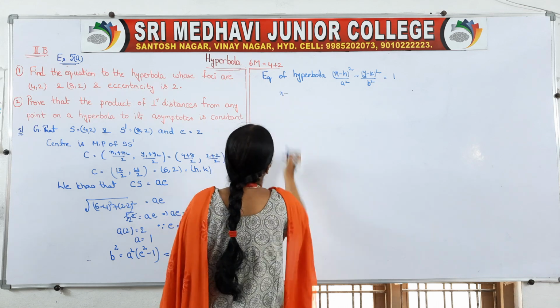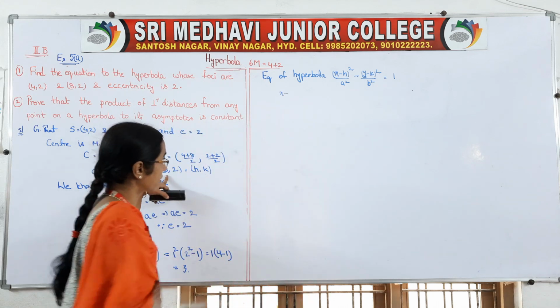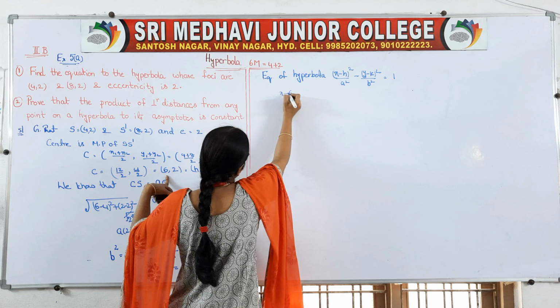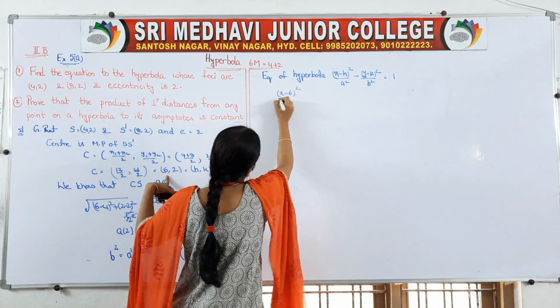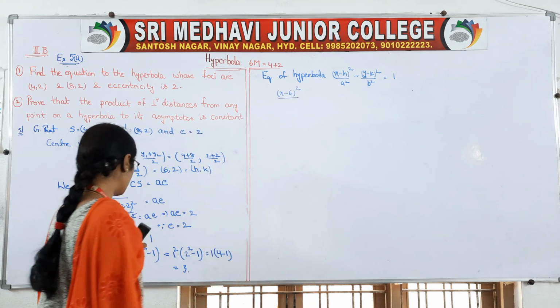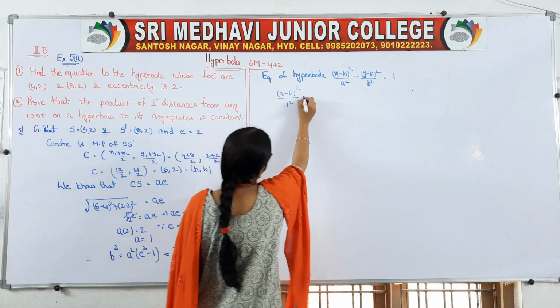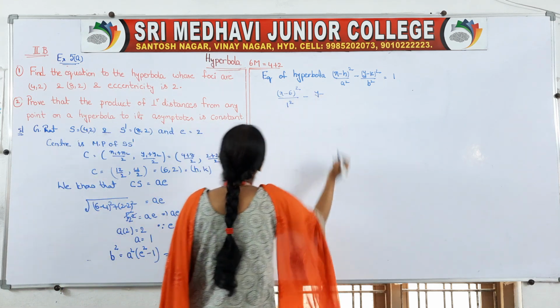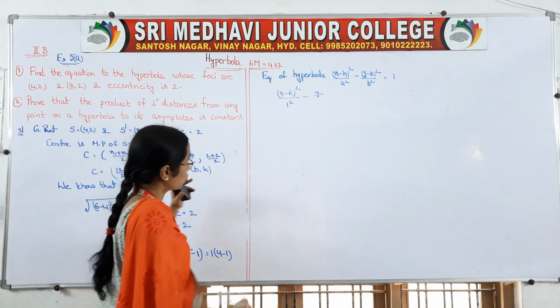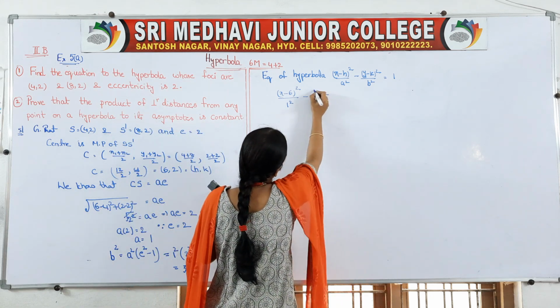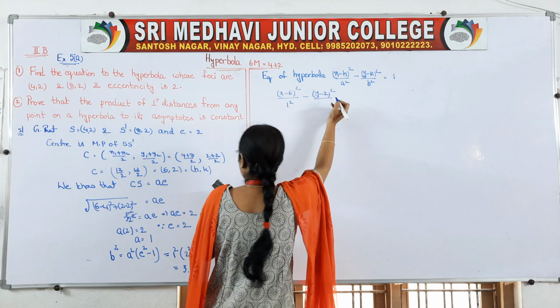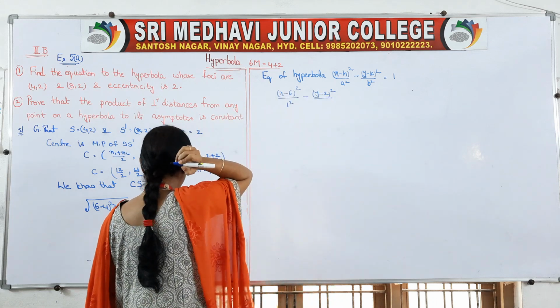So x minus h, where h is 6, we got it from the center, whole square by a square, what is your a value, it is 1 square, minus (y minus k), what is your k, it is 2, whole square by b square, what is your b value?